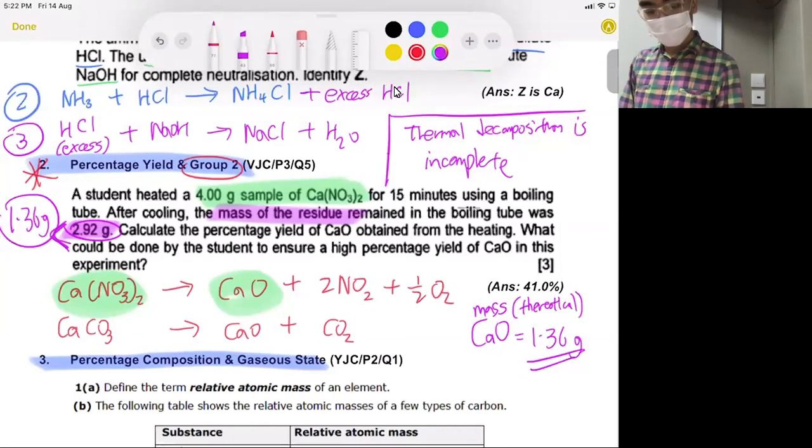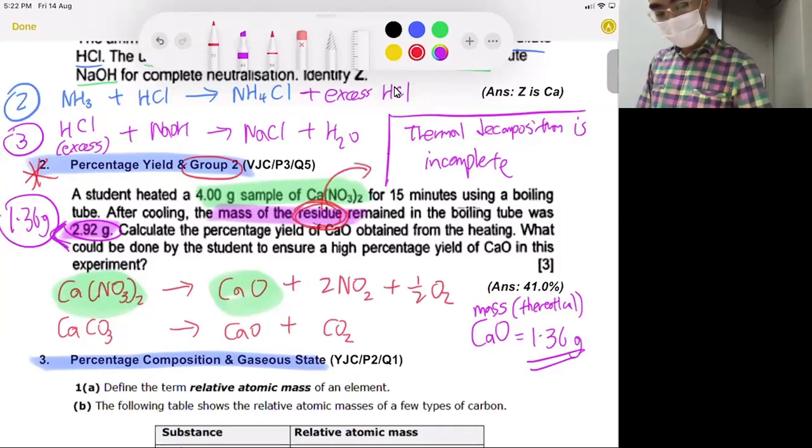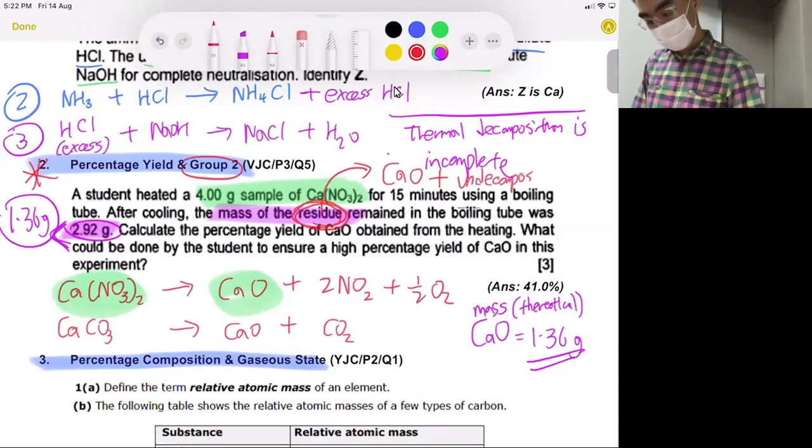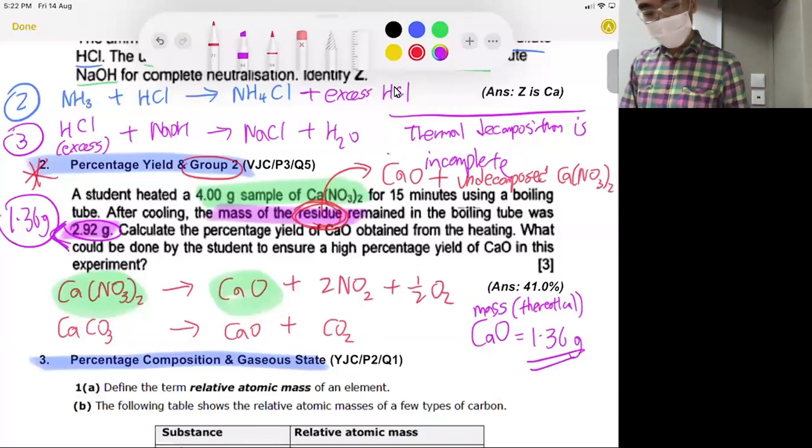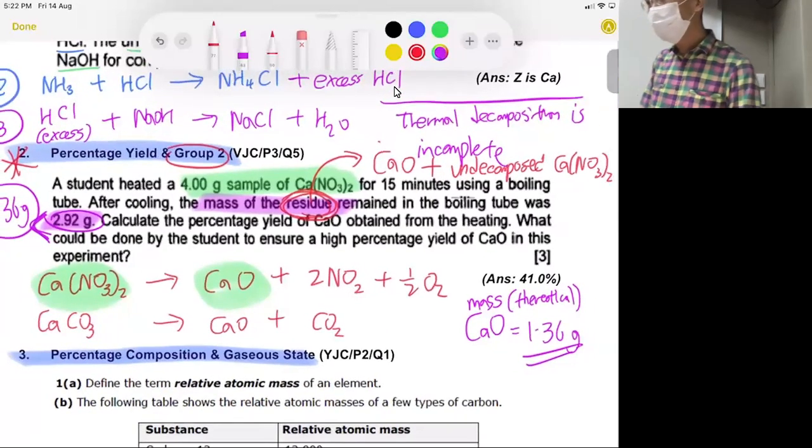So I would make the conclusion that this residue is CaO in addition to the undecomposed calcium nitrate. It looks simple, right, this question, but it's really not that simple.